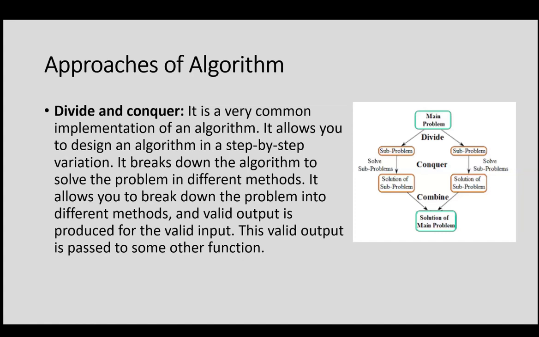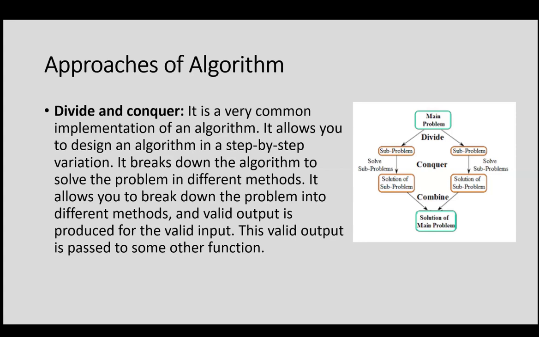What is the second approach of algorithm? The second one is divide and conquer. It is a very common implementation of an algorithm. As our course is about DSA, data structures and algorithms, in algorithm, what I would like to say is that it's a step-by-step process.